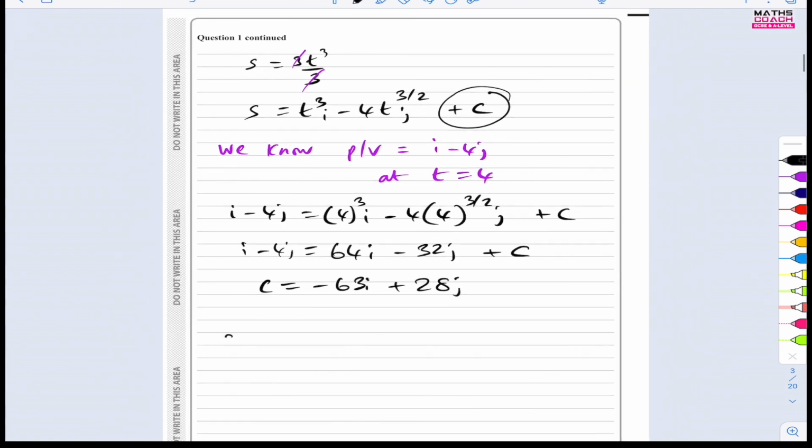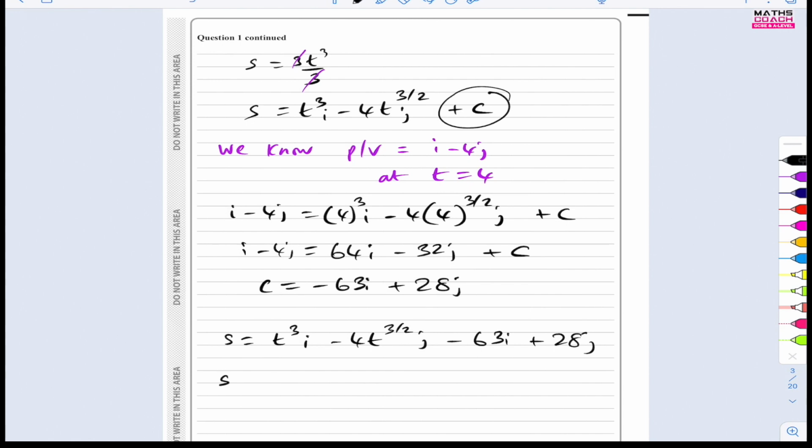So the full and final version for s, an expression for the displacement, the position vector at any time t, is t to the power of 3i minus 4t to the power of 3 over 2j minus 63i plus 28j. Of course, you could pair them up as well, the i's and the j's together.